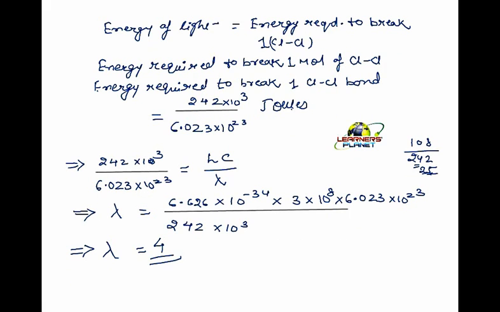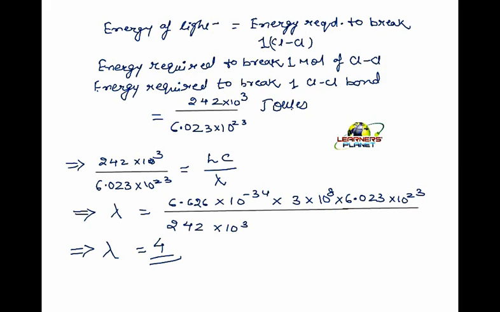This is the way you can do the rough calculation just by rounding off. Students, here you can't use a calculator, so you need to do the rounding. Within a minute you can calculate, especially when you are provided with 4 options. I think it's the easiest method. 6 multiplied by 3 is 18, multiplied by 6 is 108, divided by 242.